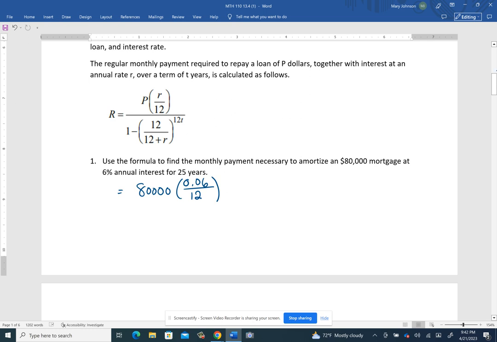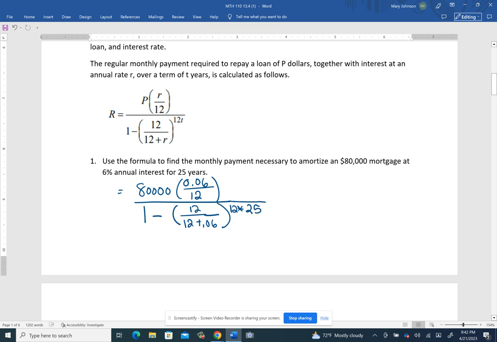All of that gets divided by 1 minus, left parenthesis, 12 divided by 12, plus the 0.06. Close that, and the exponent will be 12 times the term of the loan, which in this case is 25 years.